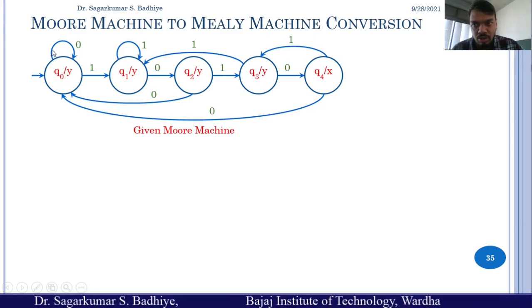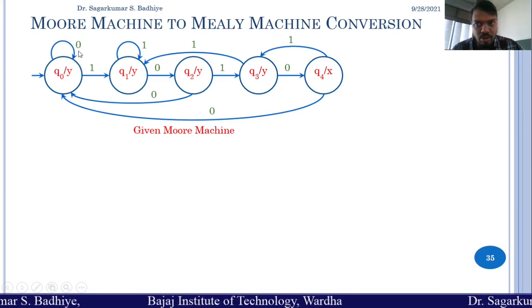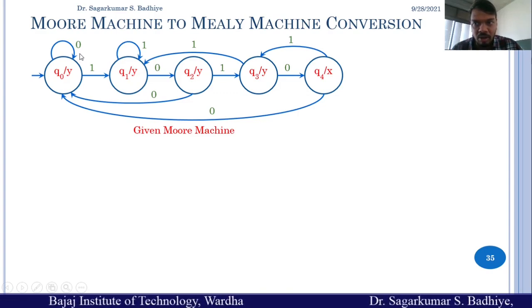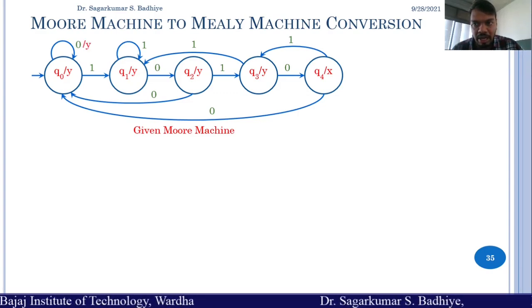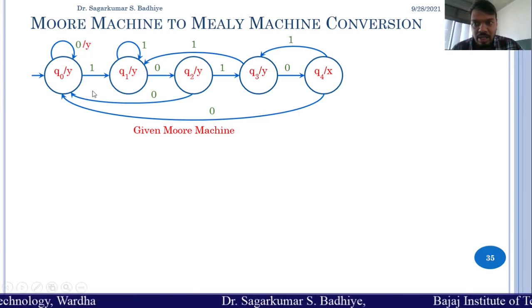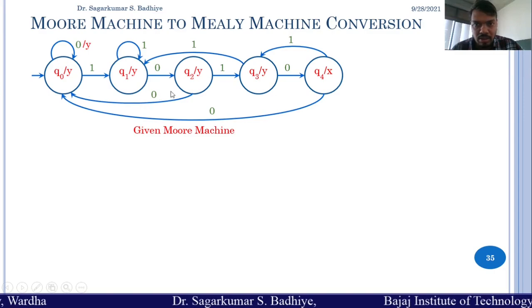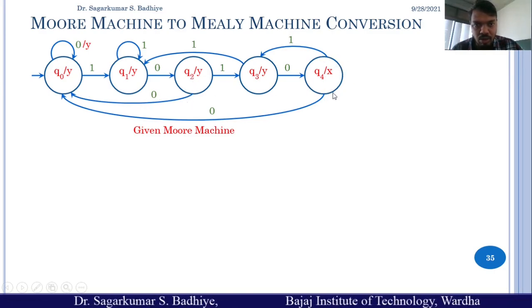So for q0 you are having an input transition as 0 from q0, so you add the output y on this transition, right? Other inputs that are coming towards q0 are from state q2 on 0 and from state q4 on 0.